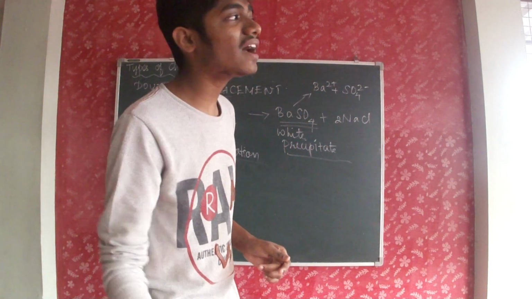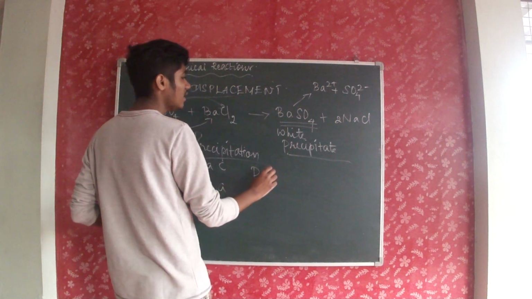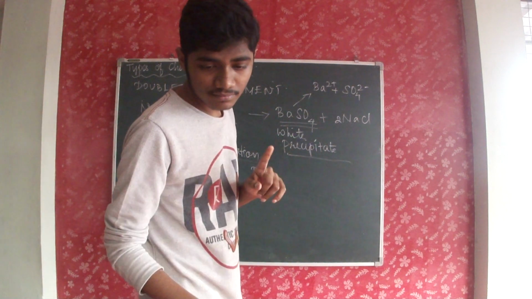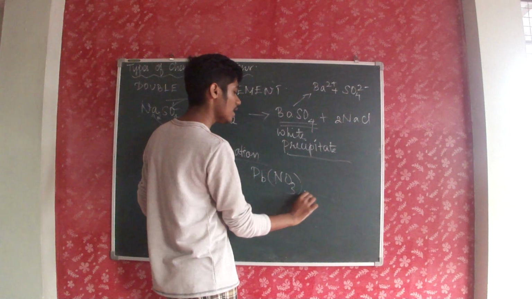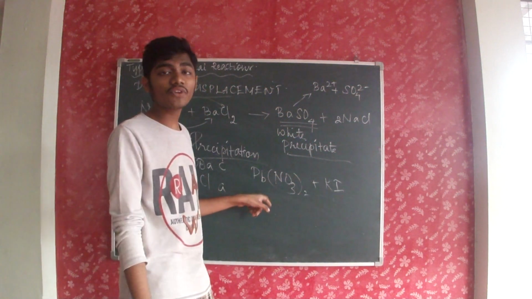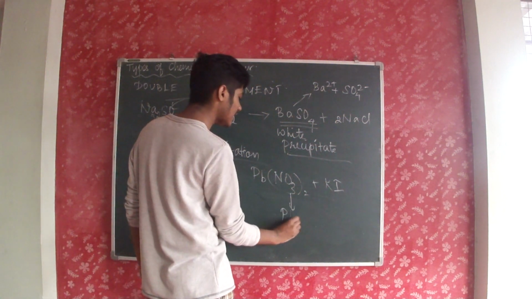Also in the first part we learned about lead nitrate plus potassium iodide. Remember, we learned it in change of color. I told you that they both will combine together to produce lead iodide.